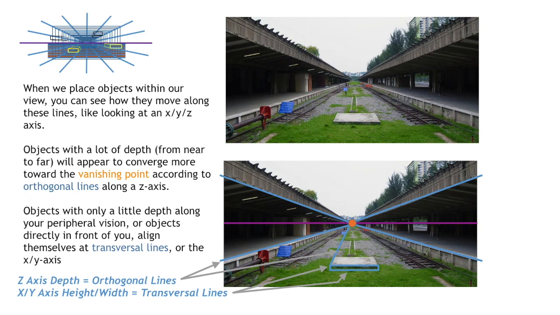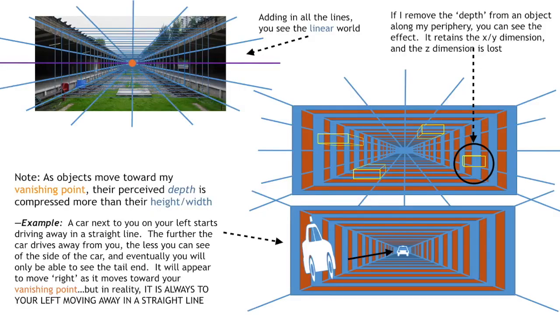You have a rectangular box platform cement structure in the middle, and that is going along the XY coordinate, or those transversal lines. So if I added in all the lines, you would see the linear world in which we exist, represented in perspective. So again, all points converging towards a central point, but proportional.